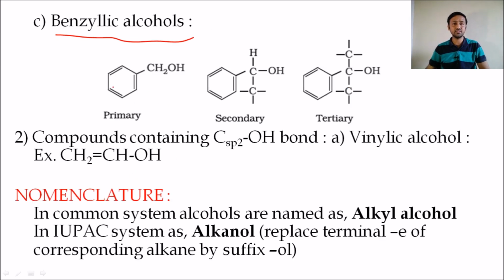The third one now, we have benzylic alcohols. The meaning of benzylic alcohol is that the hydroxy group is attached to an sp3 carbon which is next to the aromatic ring.